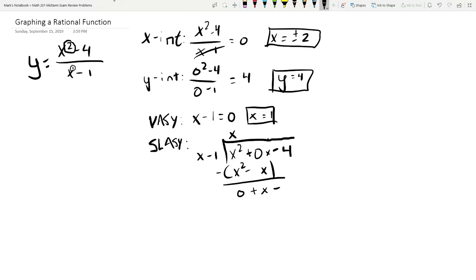And then we'll bring down the negative 4. And then the same question one more time. How many times does x go into x? And that would be positive 1 times. We could figure out what the remainder is, but for the case of our slant asymptotes, that doesn't really matter. So we get x plus 1, so that would be our slant asymptote.